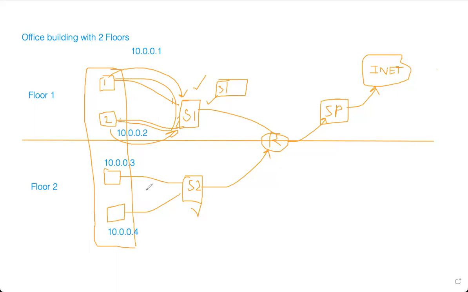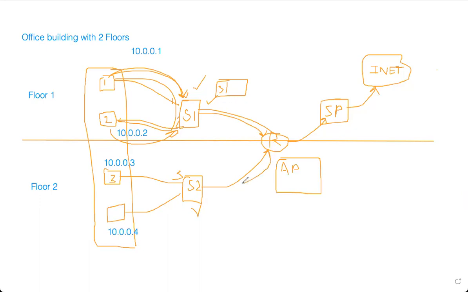But if it wants to communicate with floor 2, machine 3 or PC 3, now the same thing, it will broadcast. Switch 1 will be broadcasting that to the router. Router will be checking its route table or ARP table, and it identifies that, okay, it's trying to go to 10.0.0.3, which I don't have.